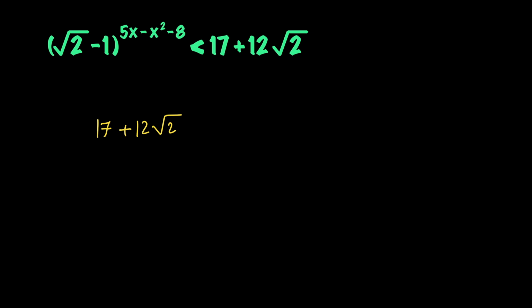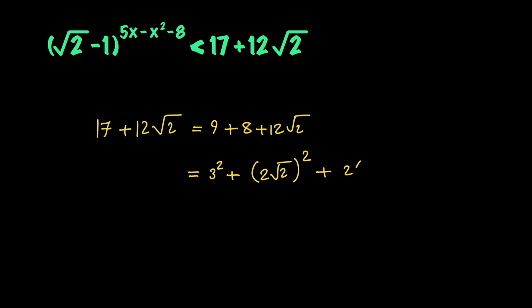Now, notice that I can break 17 into 9 plus 8, and we will have this. Then I can replace 9 with 3 squared, and I can replace 8 with 2 times the square root of 2 squared. And then I can replace 12 times the square root of 2 with 2 times 3 times 2 times the square root of 2.